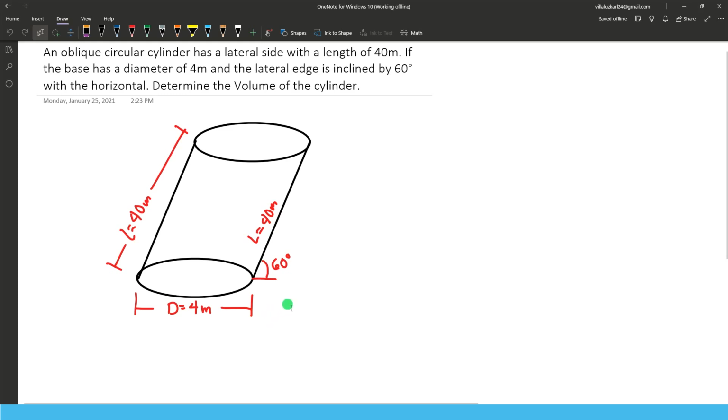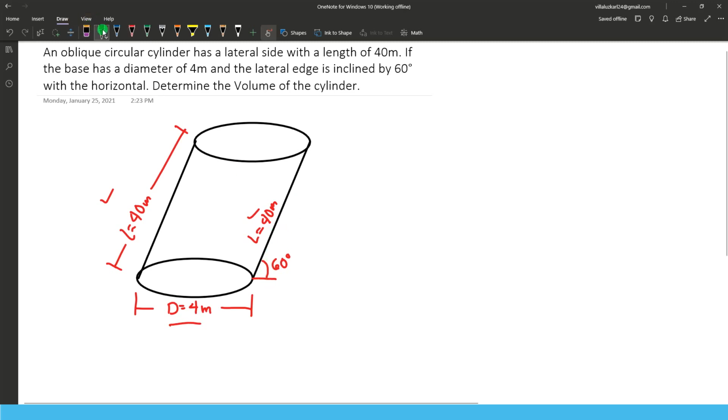We have a circular cylinder with a lateral side with a length of 40 meters. The base has a diameter of 4 meters, and this is the angle of inclination of the lateral edge, 60 degrees with respect to the horizontal. Now, determine the volume of the cylinder.